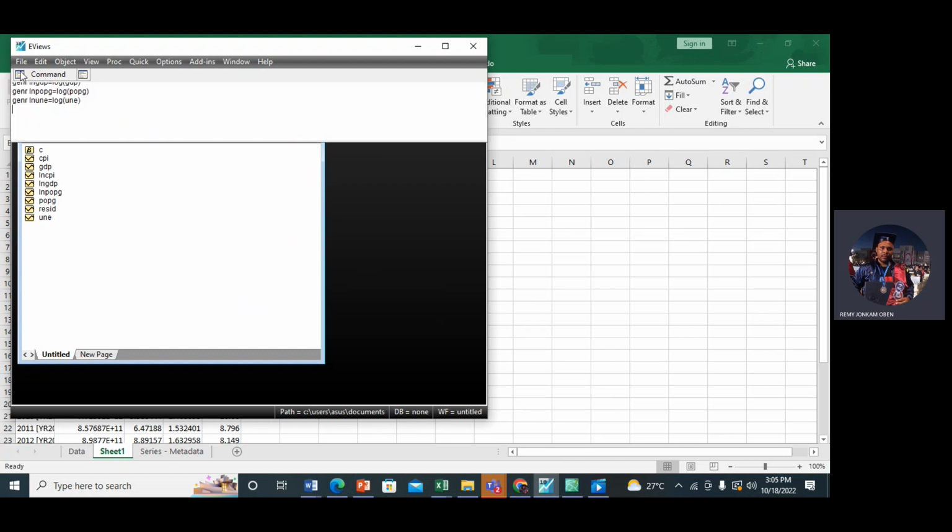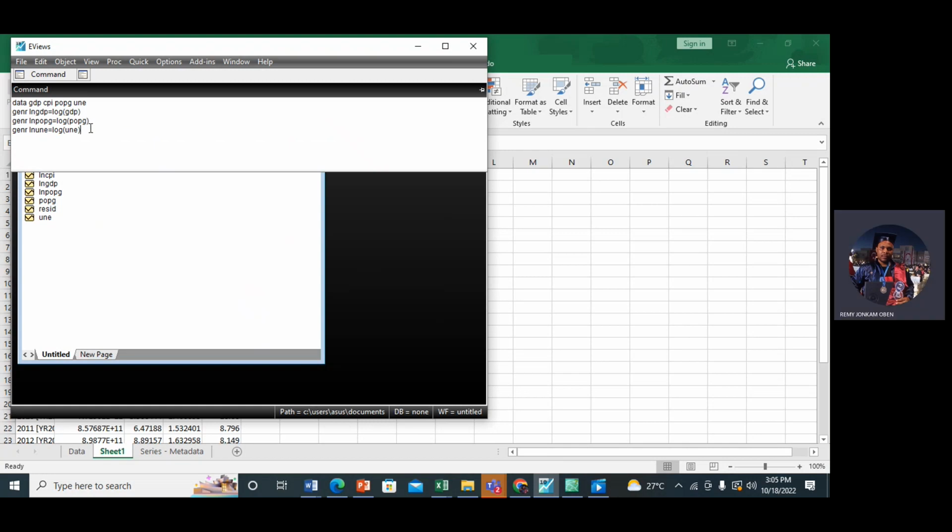So now I'm going back again. Let's say I want to generate the logarithmic form of unemployment, lean unemployment. If I press enter, oh, it's not defined.